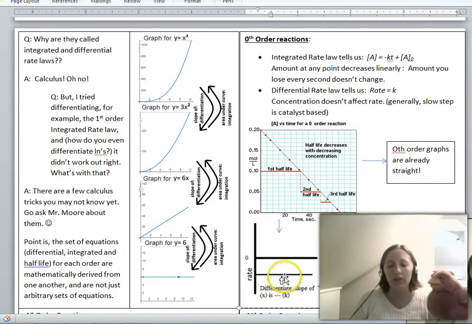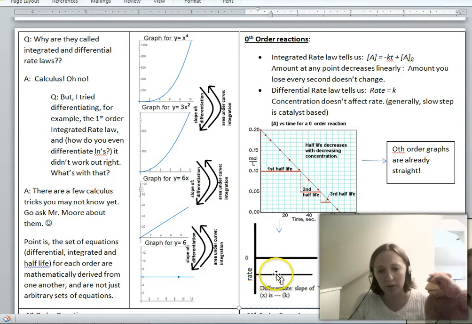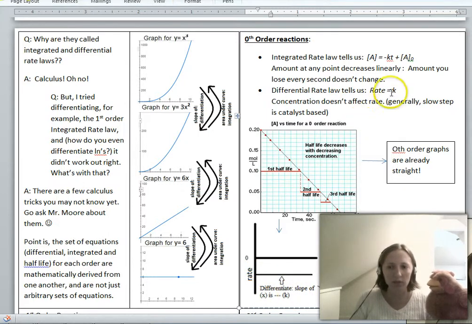And so this is the differential rate law here. The rate is equal to k, and that's this. So differentiating this graph gives you this equation. So these are tied together by that calculus we discussed earlier.